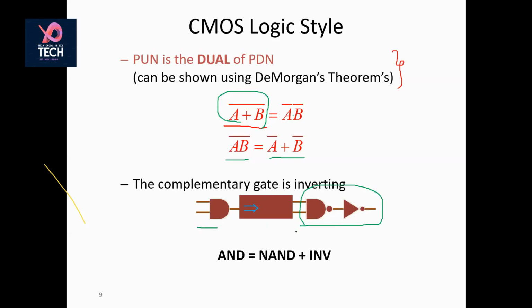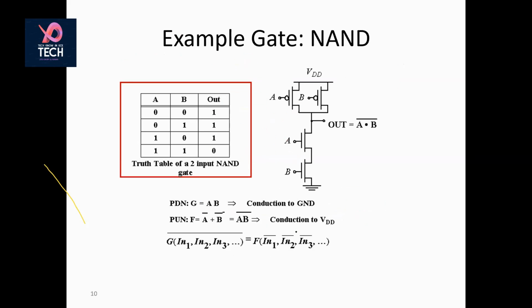Now we are coming towards how we are going to implement these gates. The first example which I am going to discuss with you is the NAND gate. So what is the truth table for the NAND gate?